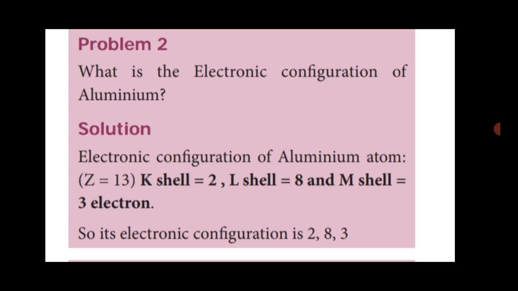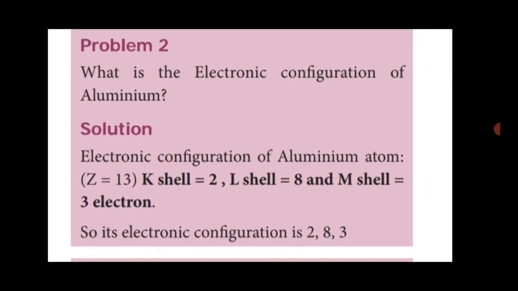Already we know rule number 3: the outermost shell cannot contain more than 8 electrons. So the electronic configuration of aluminium is 2, 8, 3. 2 is the K shell, 8 is the L shell, and the last 3 is the M shell. So the K shell contains 2 electrons, the L shell contains 8 electrons, and the M shell contains 3 electrons. This is the electronic configuration of aluminium.